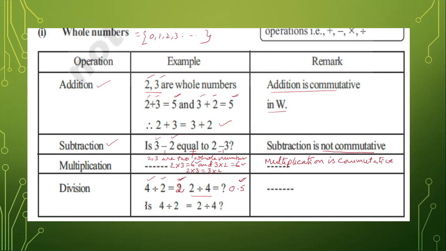Hence, finally we conclude that division is not commutative. Division is not commutative in whole numbers.